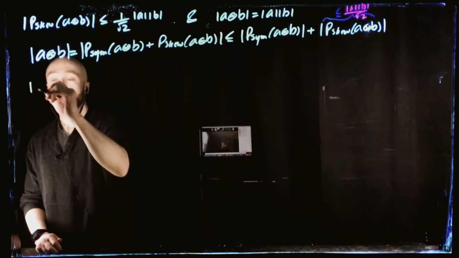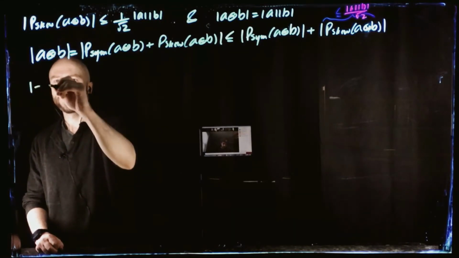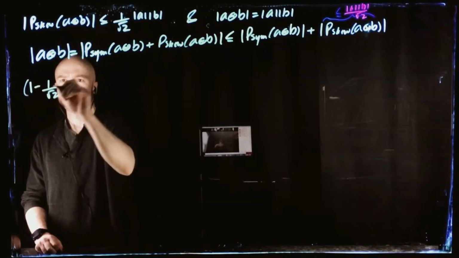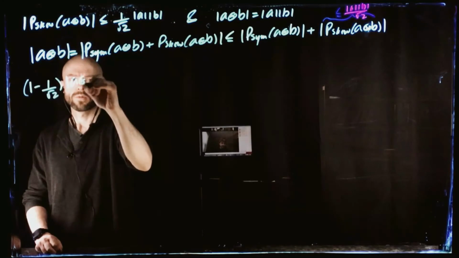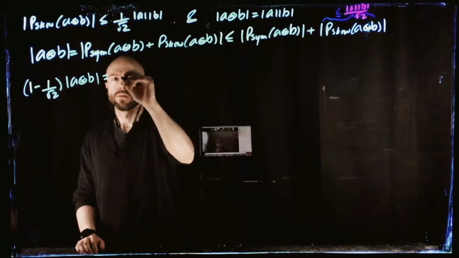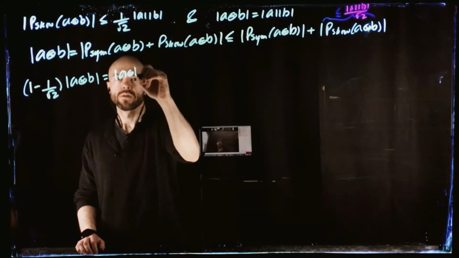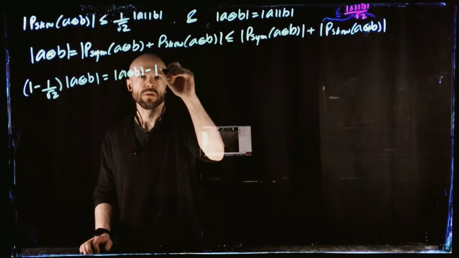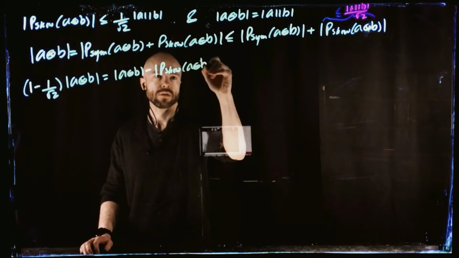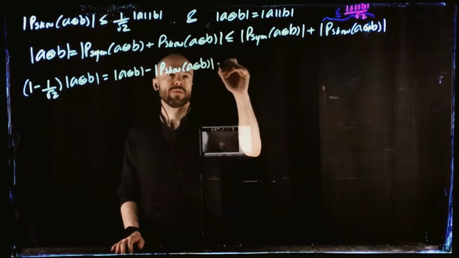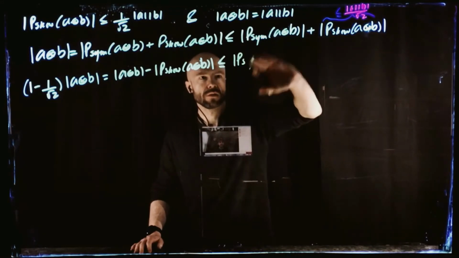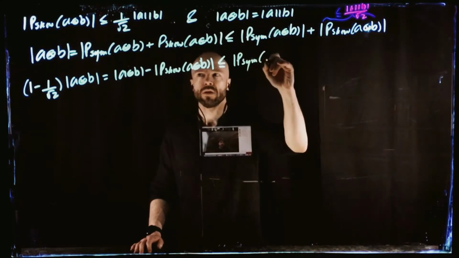So we're going to have 1 minus 1 over root 2 of mod A equals mod B is the same as mod A equals mod B minus the projection of the skew symmetric matrices like this, which therefore is less than the projection of the symmetric matrices of this.